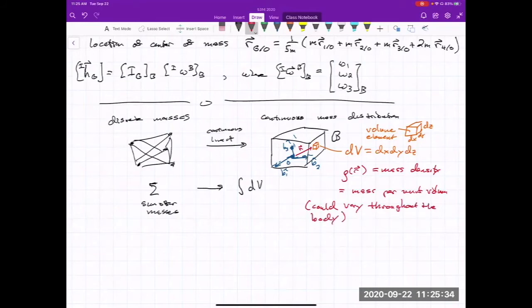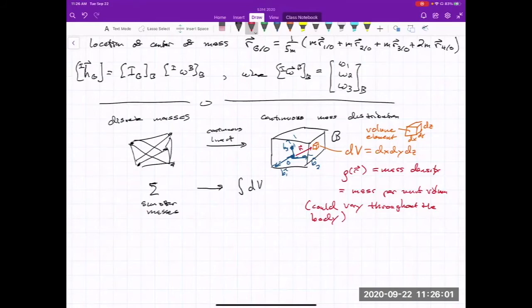I'll give you an example. The density of the Earth is not uniform. On the surface, it's got a certain density, roughly the density of rock, about 3 grams per cubic centimeter. As you go further down, the density gets larger and larger. The core is much more dense. It is made of iron, which is far more dense than the dirt outside.